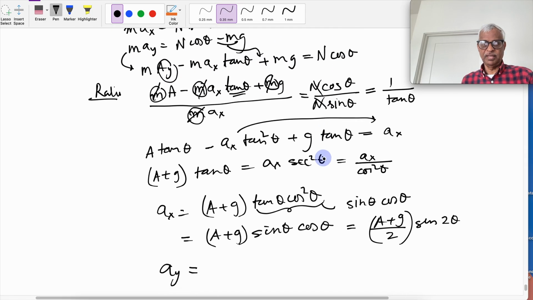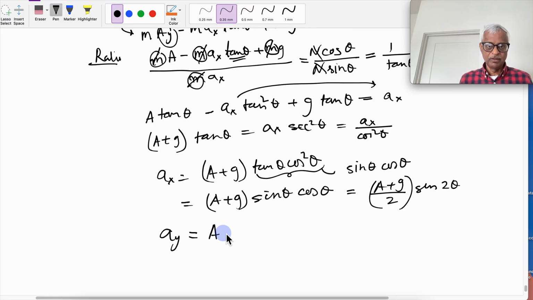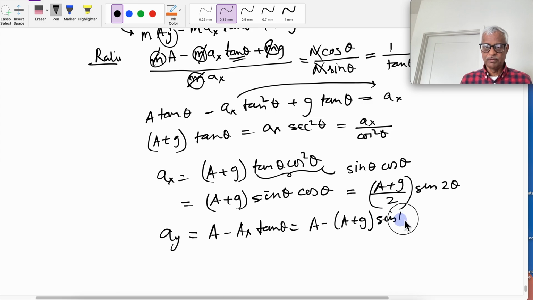AY, A minus AX tangent theta, and putting this in there kills that, makes it A minus A plus G sine theta cosine theta, and writing this as sine theta per cosine theta.